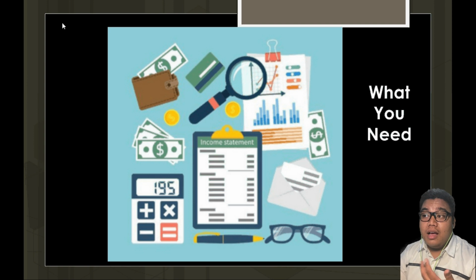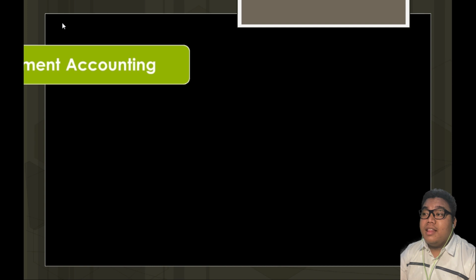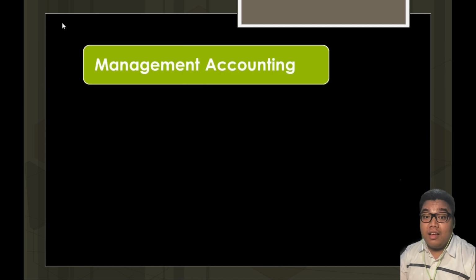That is why we have this area of accounting where we are trained to create customized reports that the management or those who are in charge of decision making need for the furtherance of the organization. That is where the field of management accounting comes through.